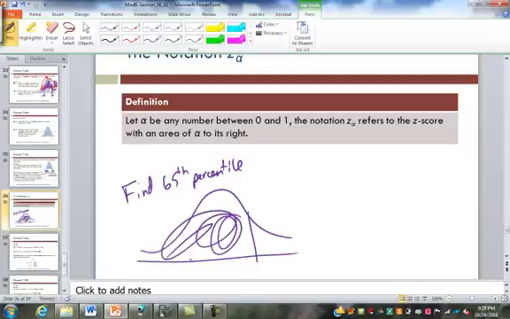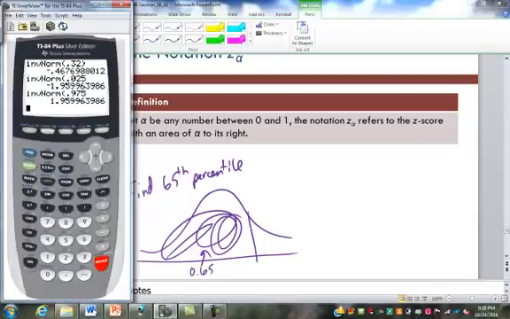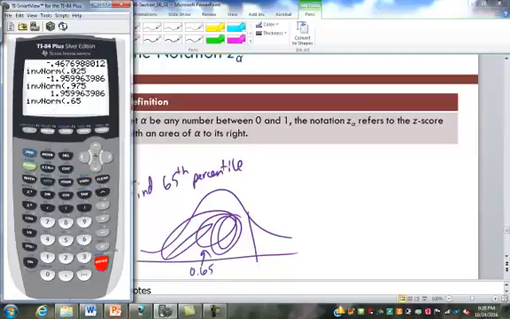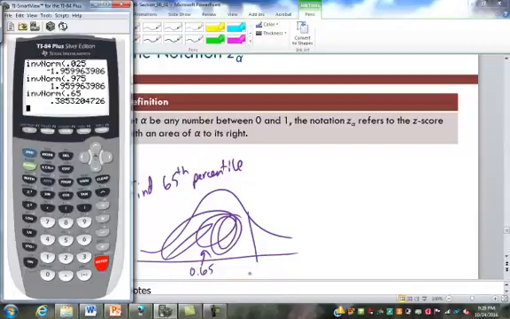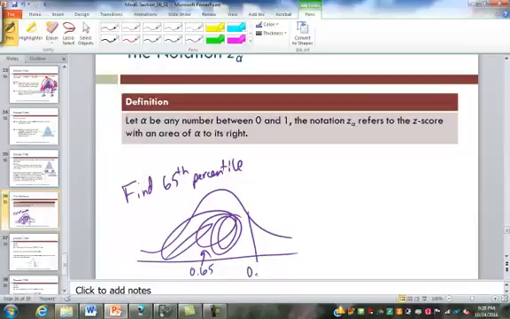In other words, this is a 0.65 probability. That area is 0.65. So I can just do the calculator, second distribution, inverse normal, 0.65. It's going to give me a z-score of 0.3853.